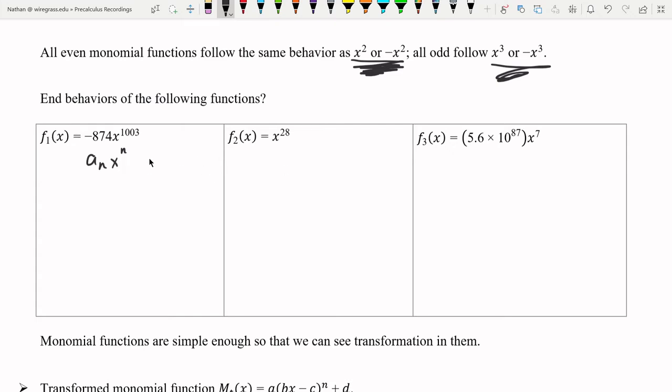So we know n is odd. And we also know the leading coefficient here is negative. So a_n is less than 0, which means it follows negative x cubed for its end behavior.